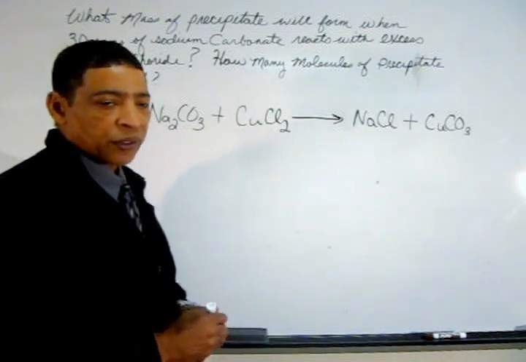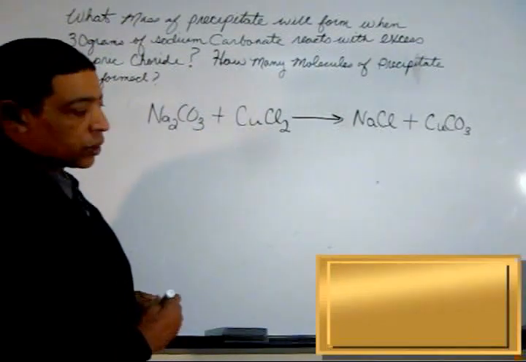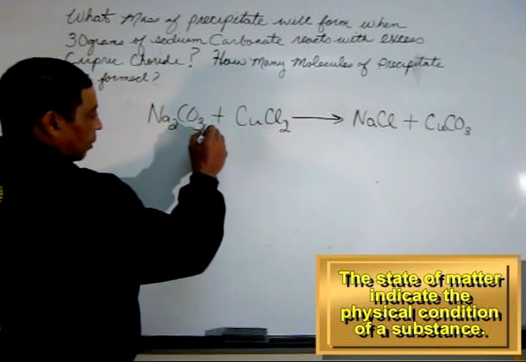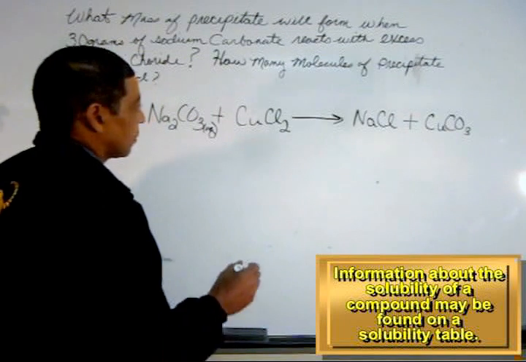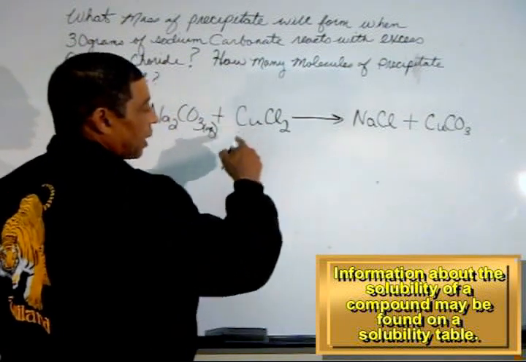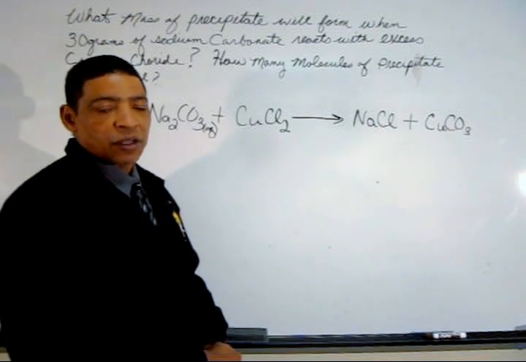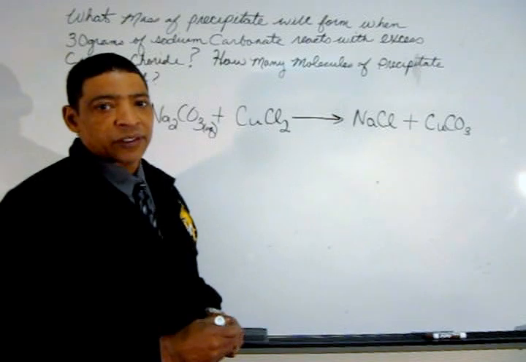It is also appropriate to write in the states of matter. Compounds containing group 1 ions are always soluble. So sodium carbonate will be in the aqueous state. Copper(II) chloride: ions of halogens are also soluble with a few exceptions. Copper is not one of those exceptions.